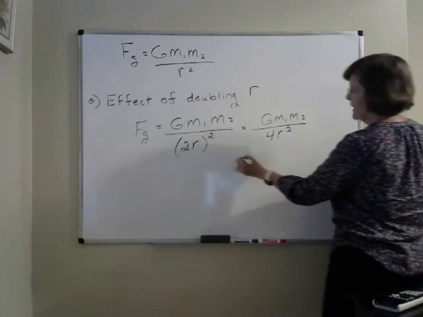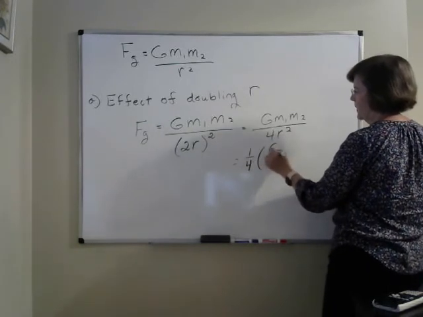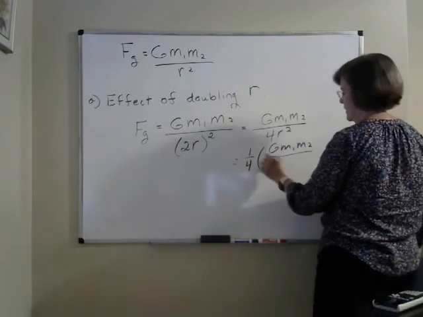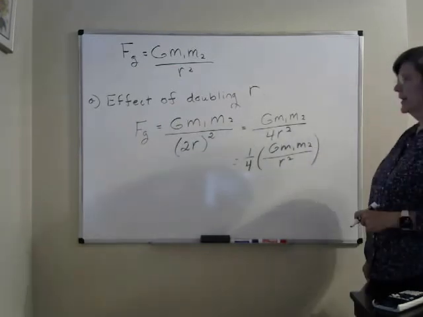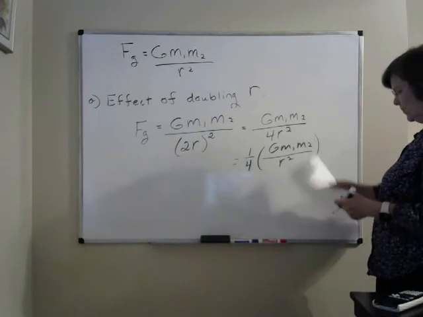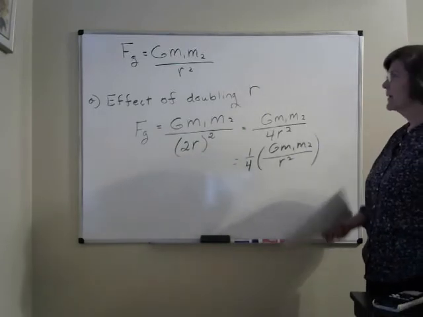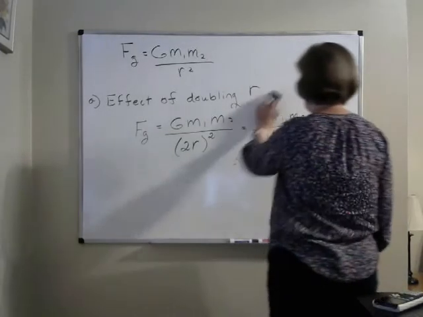This is exactly 1/4 the original force. If you double the distance, you end up with 1/4 the original. We can do all kinds of things. Let's do one more.